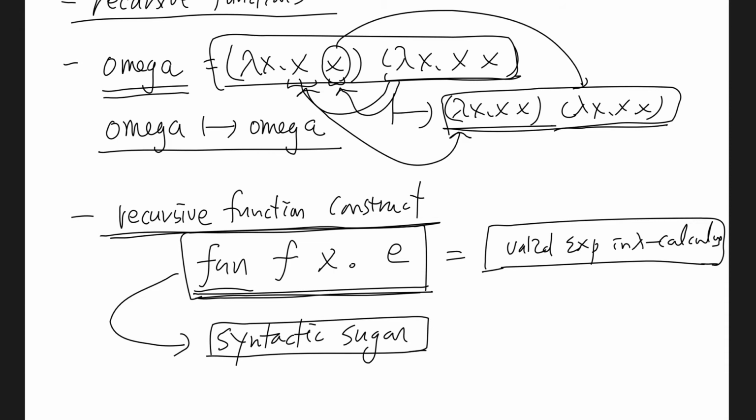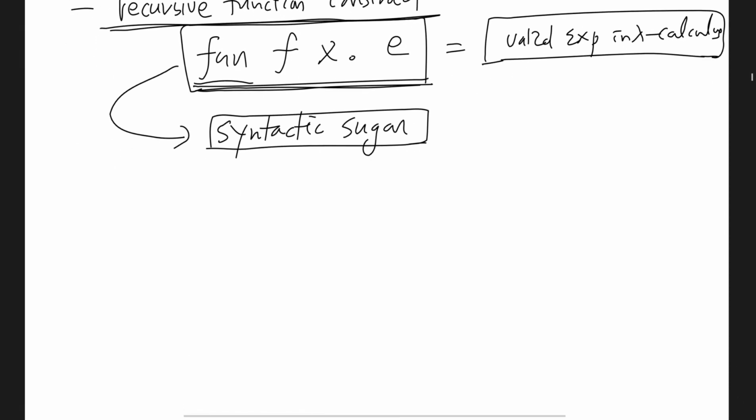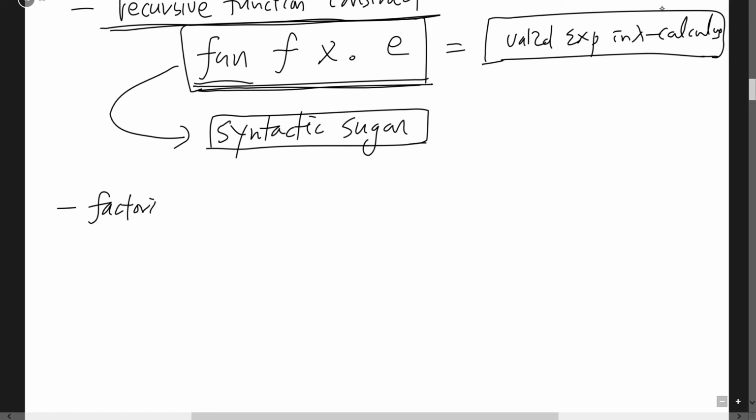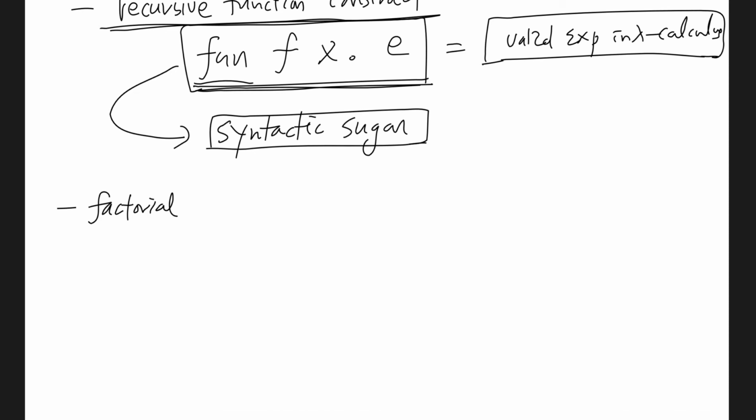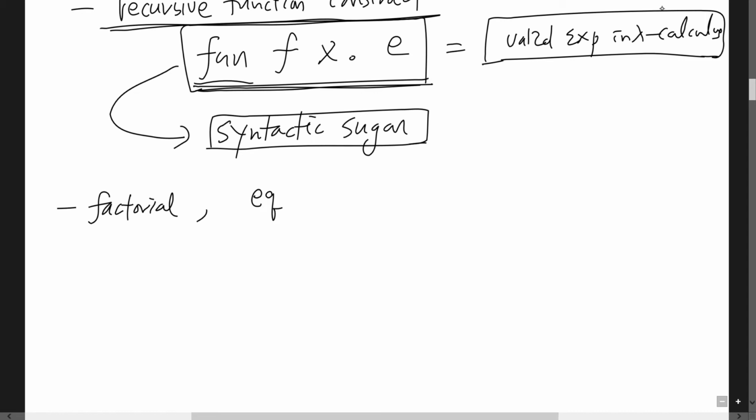So here is a working example. We'd like to implement a factorial function on natural numbers, and we assume that with all the constructs that we defined in the first part, there is an equality function which takes two natural numbers and returns either true or false, Church Boolean, depending on the equality.